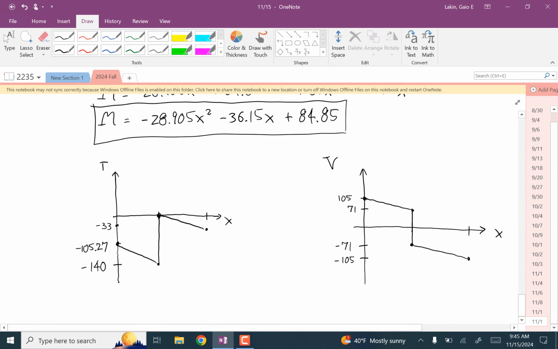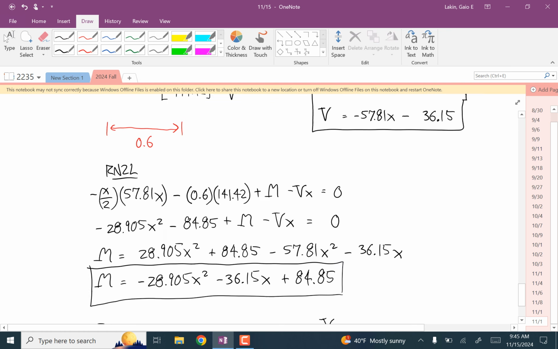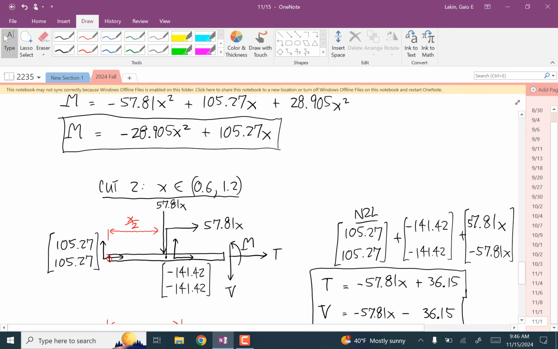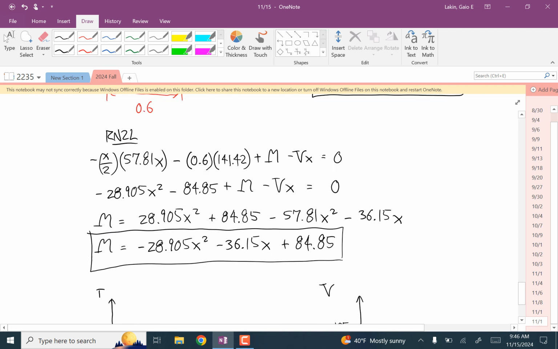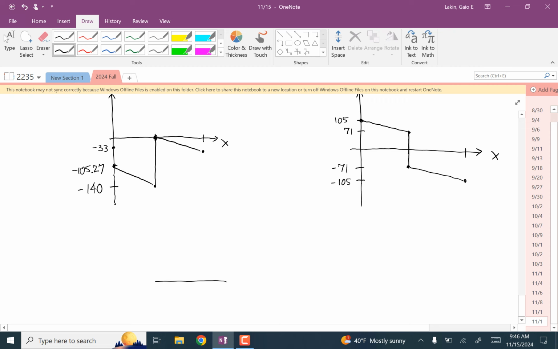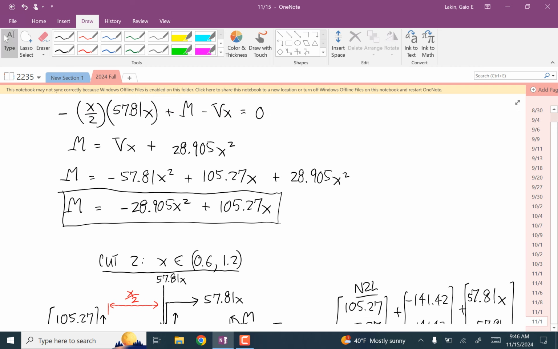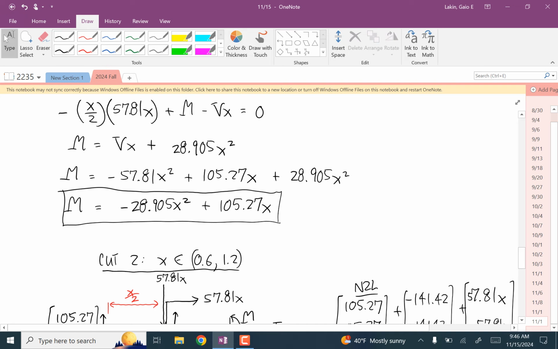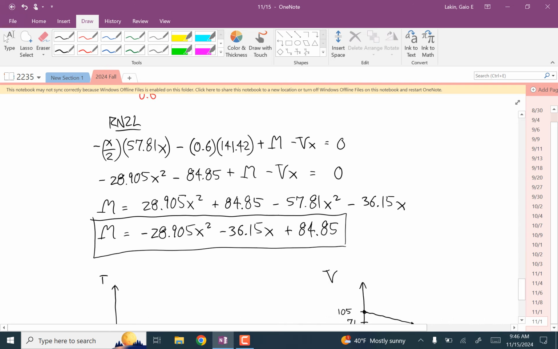And now what about these? Okay, so for the bending moment, we're starting out with a positive slope, and it's going to be concave down, and it's going to start out at a value of 0.